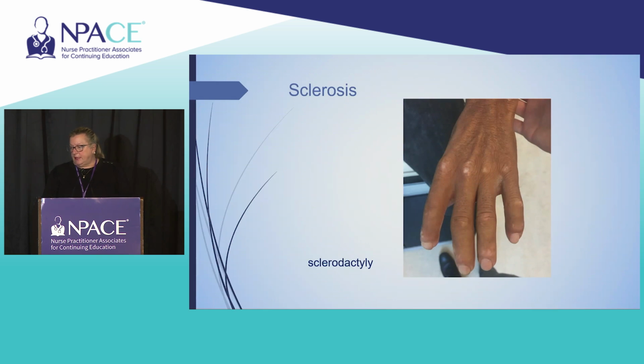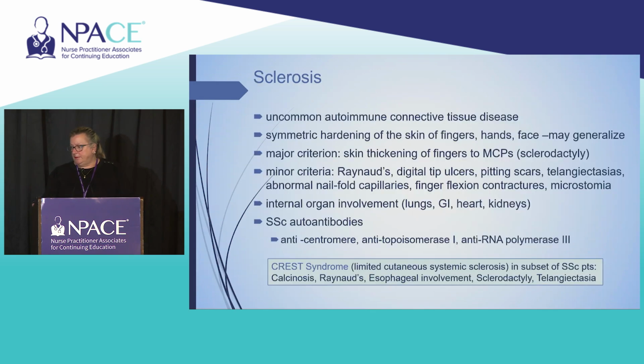And this is an example of sclerodactyly. So scleroderma is an uncommon autoimmune connective tissue disease that involves a symmetrical hardening of the fingers. Patients may also develop other signs like Raynaud's or even digital tip necrosis, and some will develop flexion finger contractures.